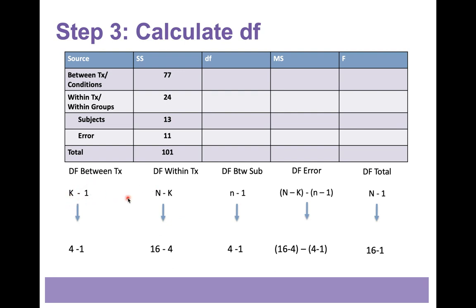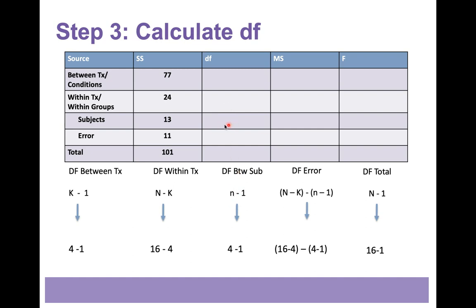Here are the formulas for our degrees of freedom. K minus 1, K was 4. So between degrees of freedom is going to be 3. Within degrees of freedom is big N minus K. So big N was 16. That's how many data points I have. Minus K, which is my number of groups, 4. So degrees of freedom within is going to be 12.